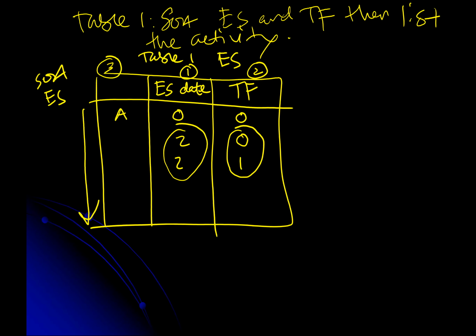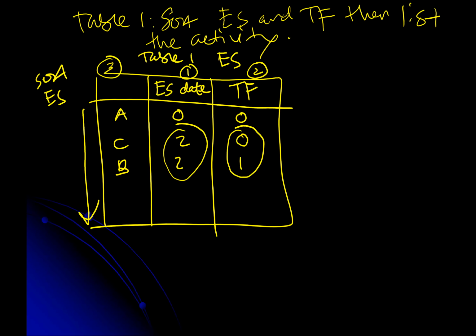Then other than 0, that activity could be next. Let's say based on this sorting, activity C is put first, then activity B. And you do that for the rest of the activities until you complete the listing.